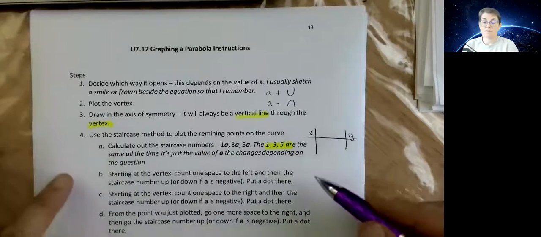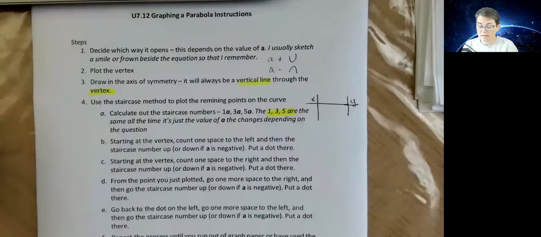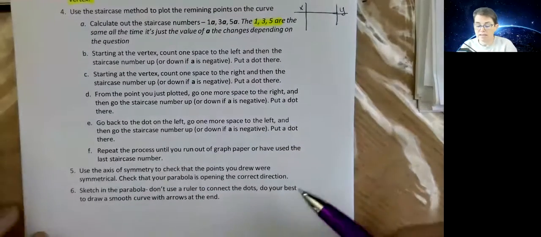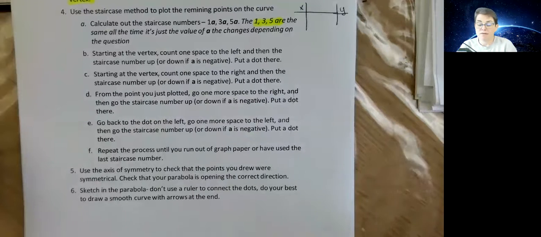I'm just going to skip over this, because until you see me doing it, it's kind of crazy. Then our last couple of steps: use the axis of symmetry to check that your points are symmetrical. That's one of the things about a parabola, it's always symmetrical.